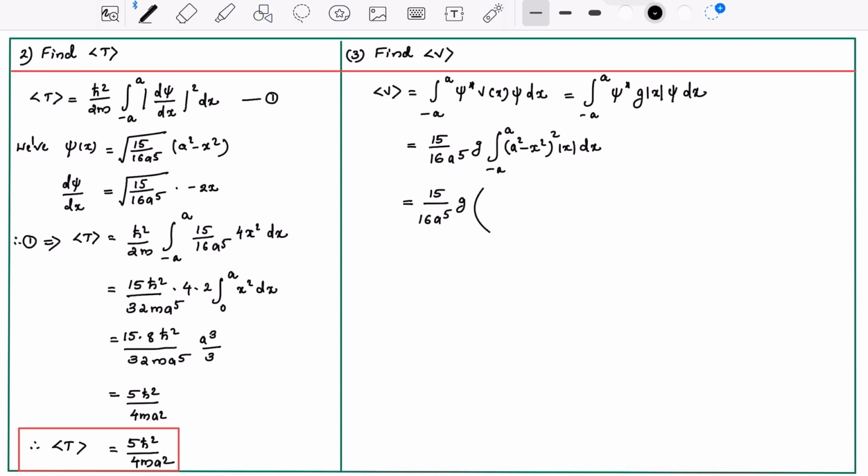The first integral is from minus a to 0, where mod x becomes minus x, then the remaining part is (a² minus x²)² dx, plus integral 0 to a of x (a² minus x²)² dx.